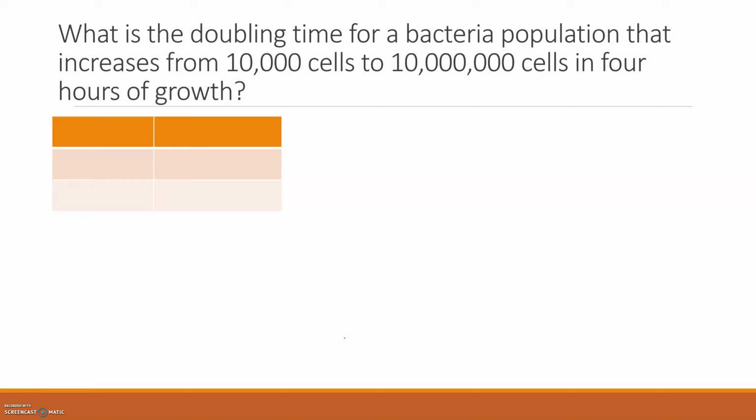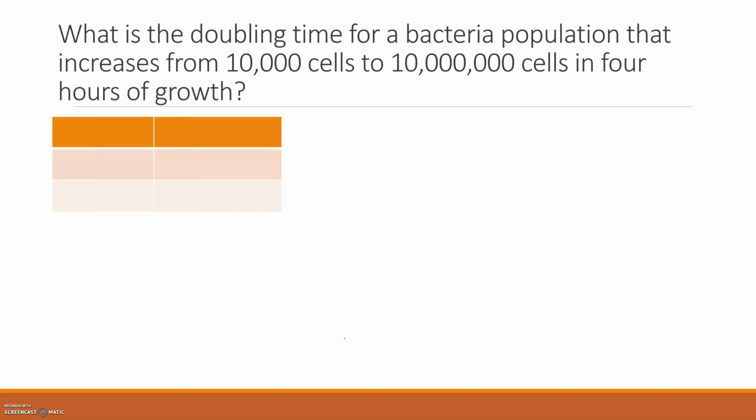Here we're asked to determine the doubling time for a certain bacteria. So it says, what is the doubling time for a bacteria population that increases from 10,000 cells to 10 million cells in 4 hours of growth? The first thing we're going to do is take the data given in the question and put it into a table of values.